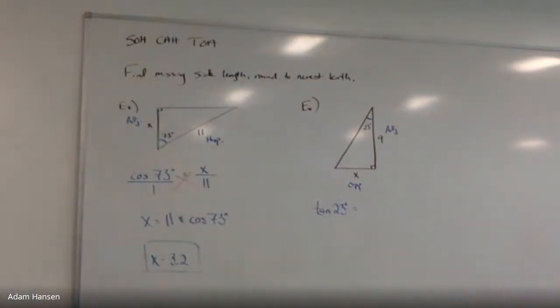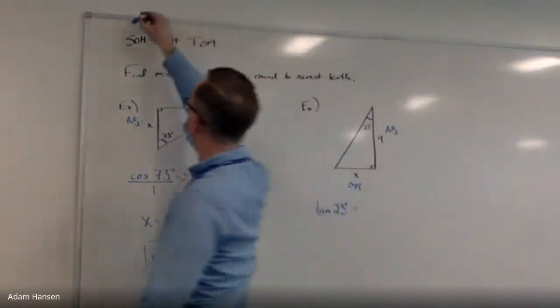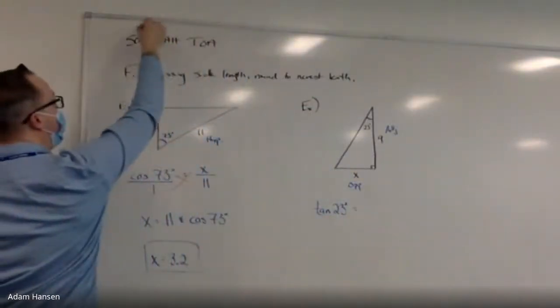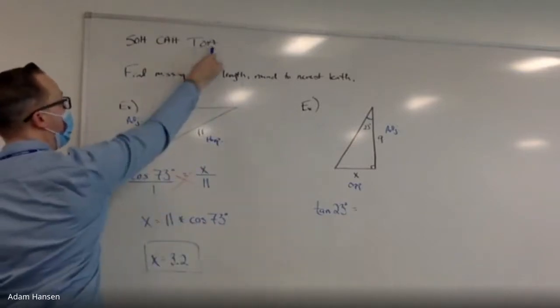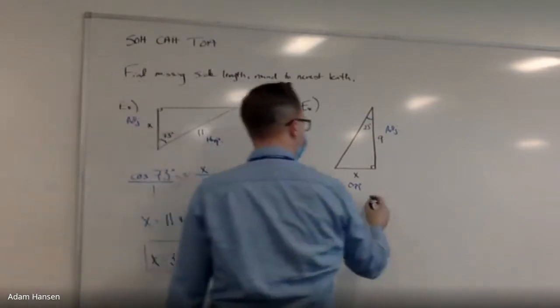Is it x over 9 or 9 over x? X over 9. SOHCAHTOA is the key to unlock everything. It helps you pick the correct trig ratio, sine, cosine, or tangent, and it also helps you set up your equation. I know tangent should be opposite to adjacent, so x to 9.